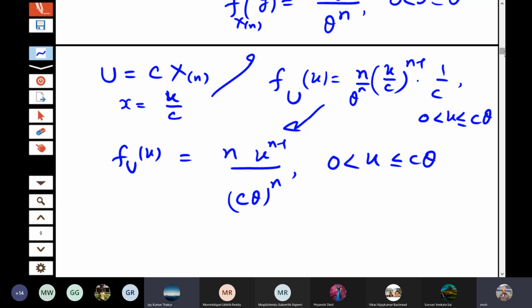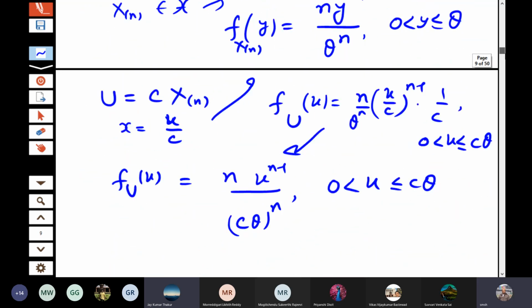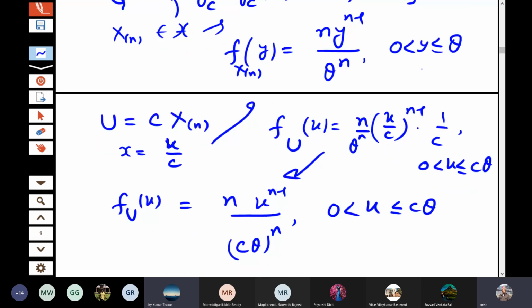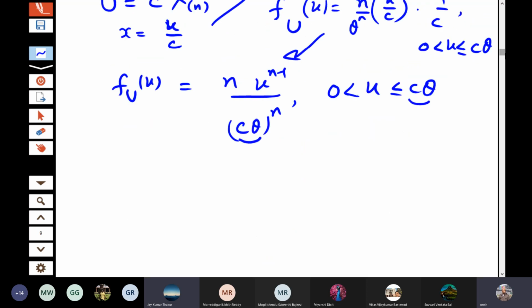So you look at the comparison between these two distributions. Here theta is now replaced by c theta. That means if I am considering the distribution of c times Xn, theta goes to c theta. So this family of distributions is invariant under this group of transformations.